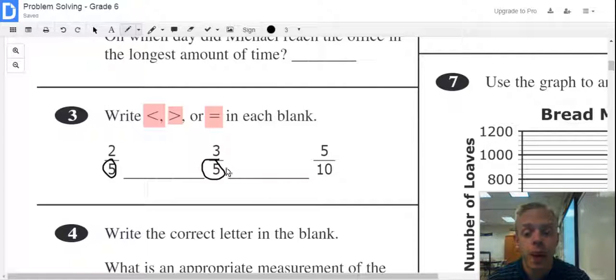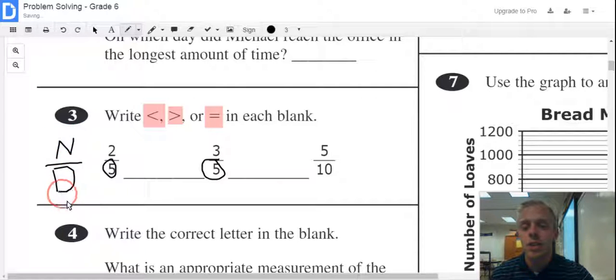Because they are both fives, that means whichever numerator, remember, is on the top. Numerator is on the top, the denominator is on the bottom. The numerator, whichever one is larger, and we're just focusing on this first problem, is going to be the one that we want to select as the larger.